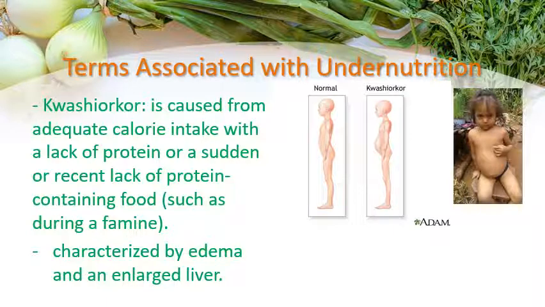Kwashiorkor is caused from an adequate calorie intake, but they lack protein or have a recent lack of protein containing foods, meaning that their body is no longer receiving the protein that it needs, and this can sometimes happen during a famine. It is characterized by this belly that looks like it is fluid filled and is characterized by edema, which is swelling, and an enlarged liver.